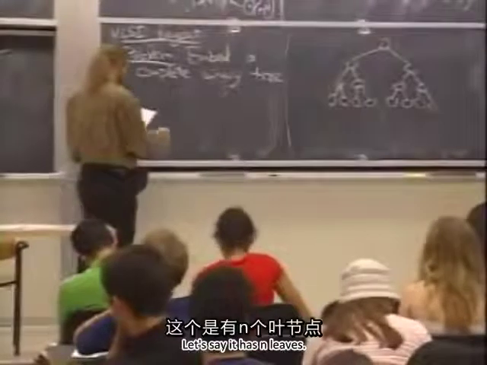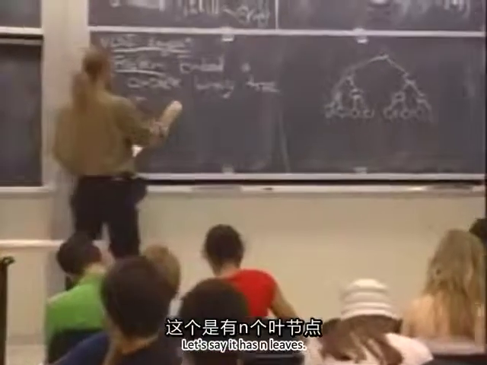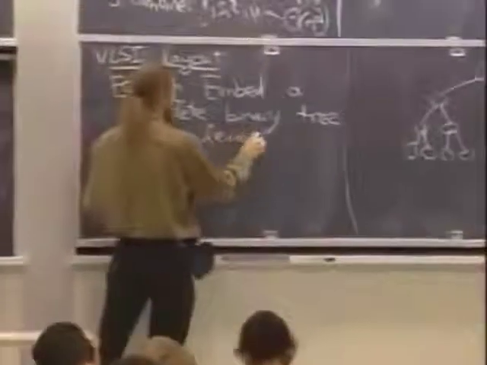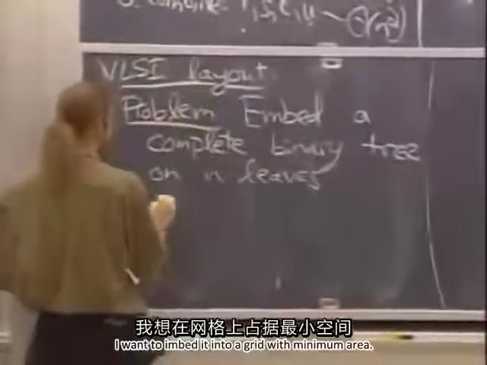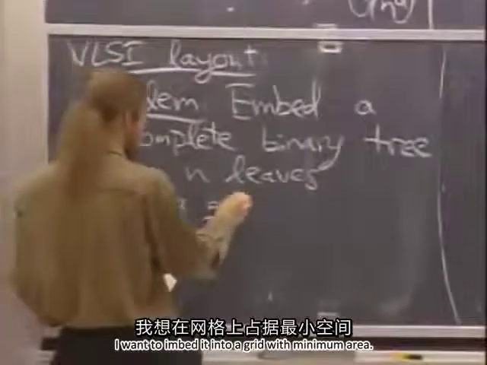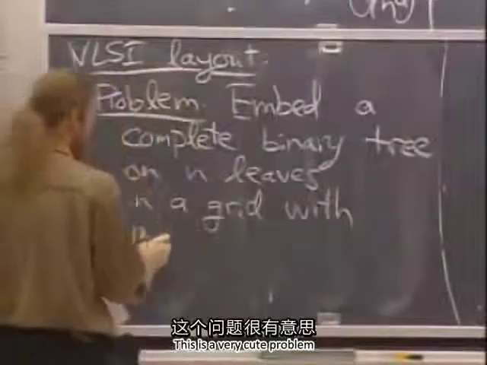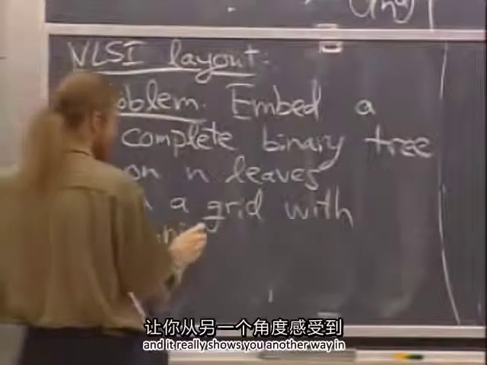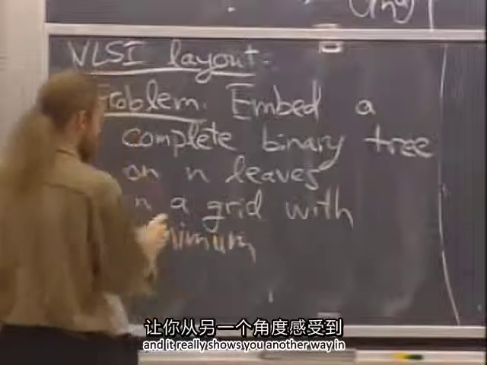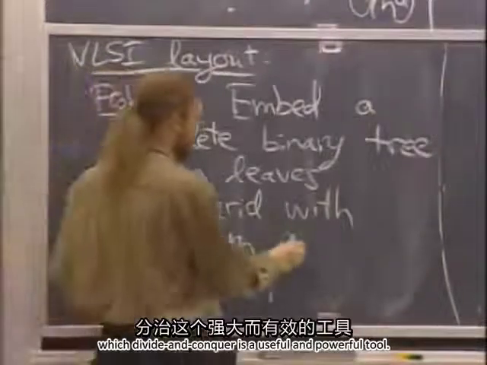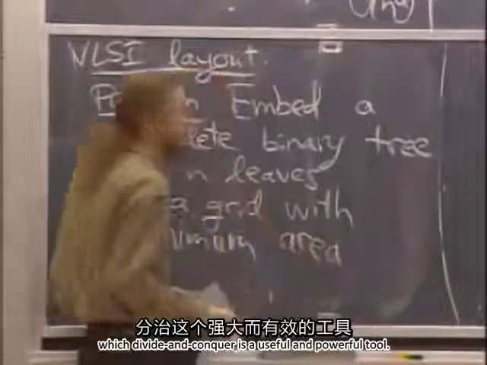Let's say it has n leaves. I want to embed it into a grid with minimum area. It's a very cute problem, and it really shows you another way in which divide and conquer is a powerful tool.